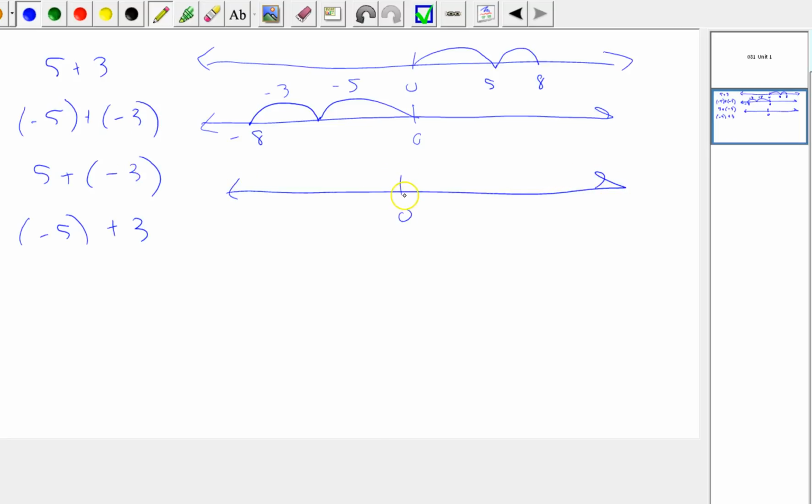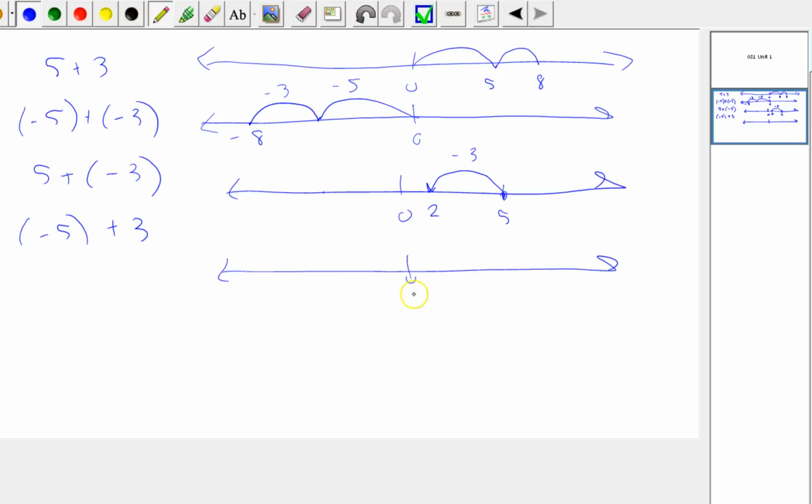And then here, if we have 5 plus -3, okay, we can think of either going to 5 or starting at 5, and then we want to add on -3. Well, since -3 would be 3 in this direction, we start from here and move 3 to the left, which is 2.